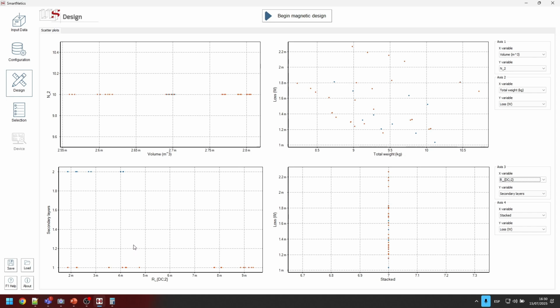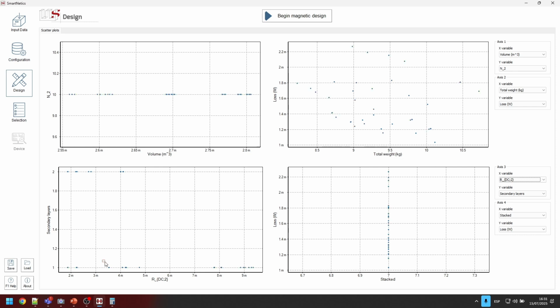And there are many possible DC resistances for the wire in the secondary. We measured 5 point something milliohms, but magnetics is not taking into account the resistance due to the connections, the resistance due to the terminals, that kind of stuff. So we will have something close to 5 milliohms, but not exactly 5 milliohms.